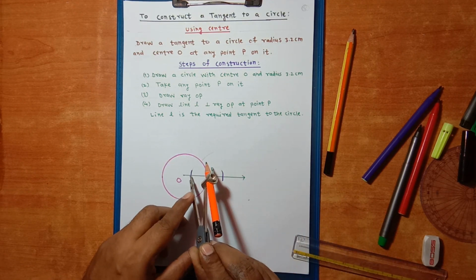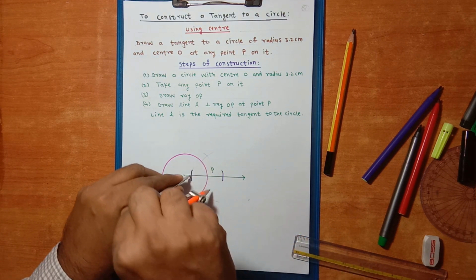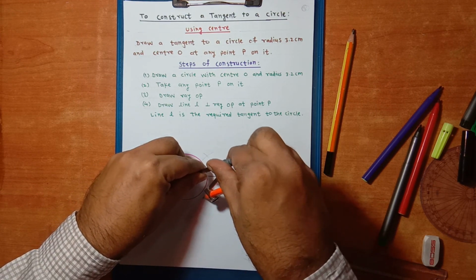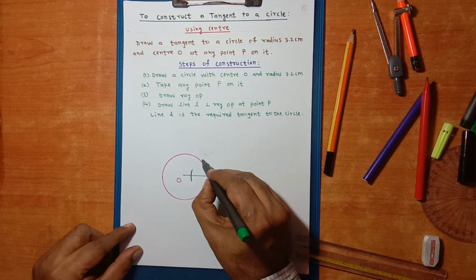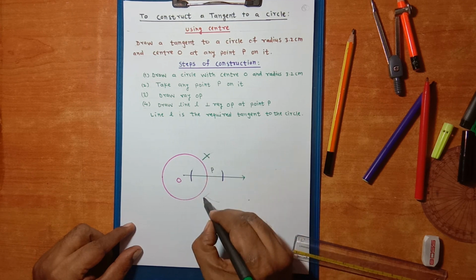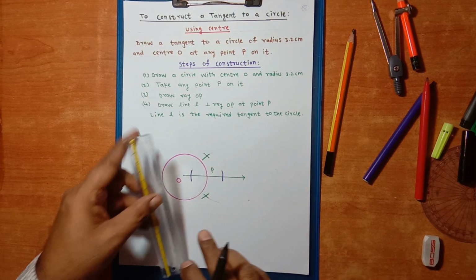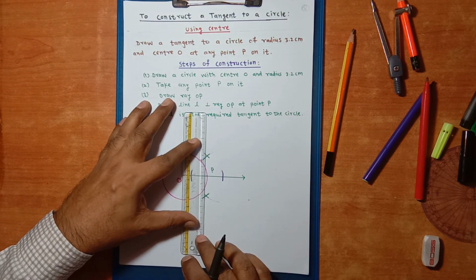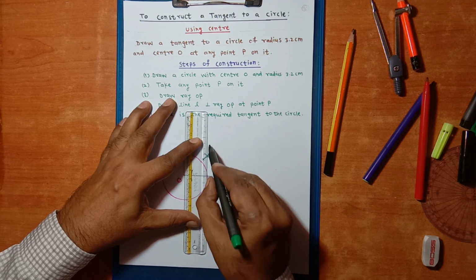Changing the center, I will draw intersecting arcs like this. The arcs intersect each other. I am showing it. Now I will draw a line through the point of intersection of these two arcs.